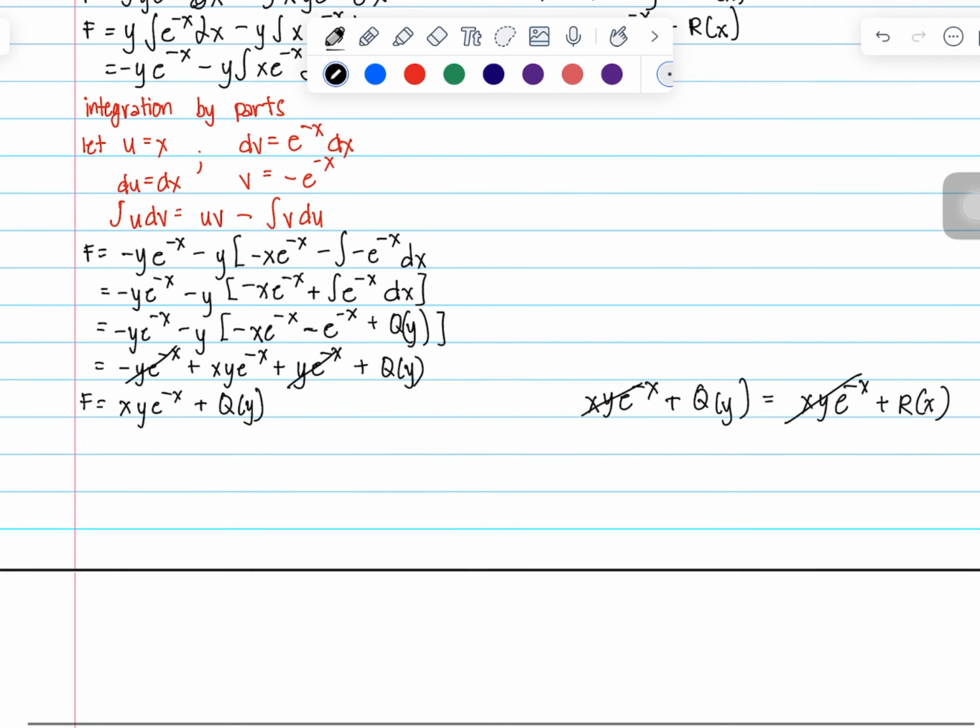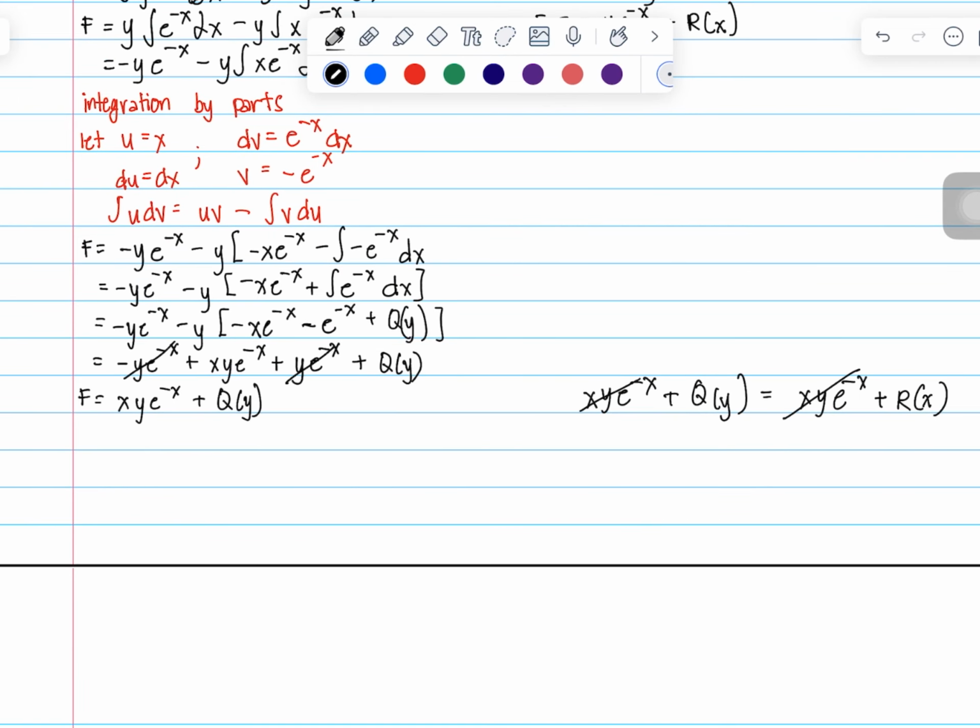Okay, that cancels out, and so what is left is q of y is equal to r of x. So what does this mean? As you can see, there are no terms in terms of x only or y only. So it's safe to say that q of y is equal to 0 and r of x is equal to 0.